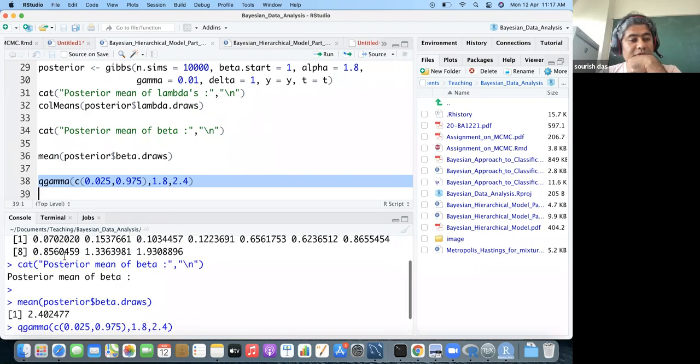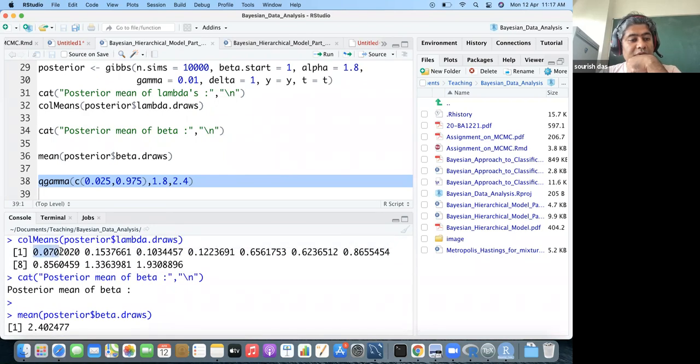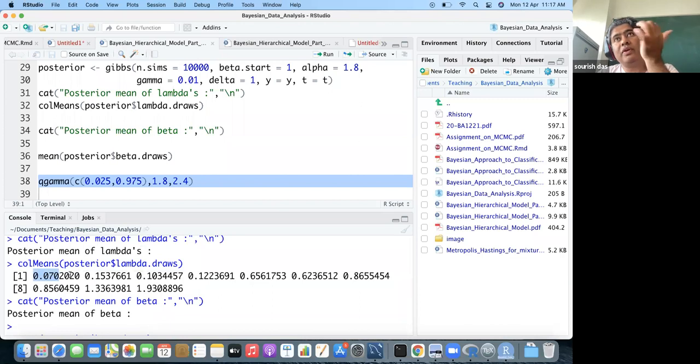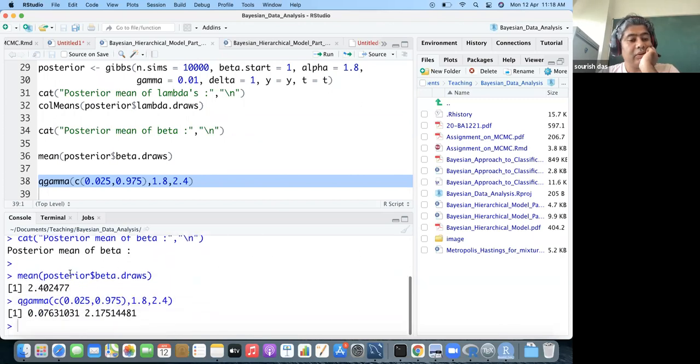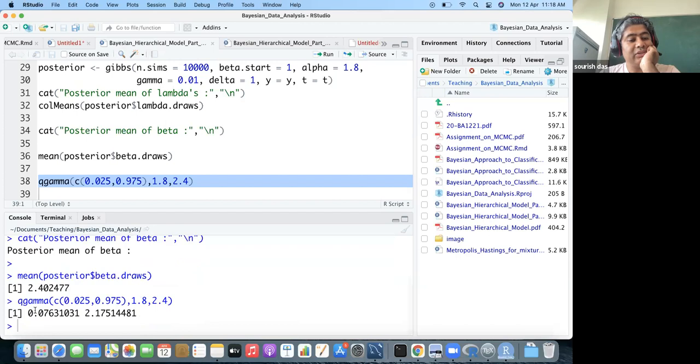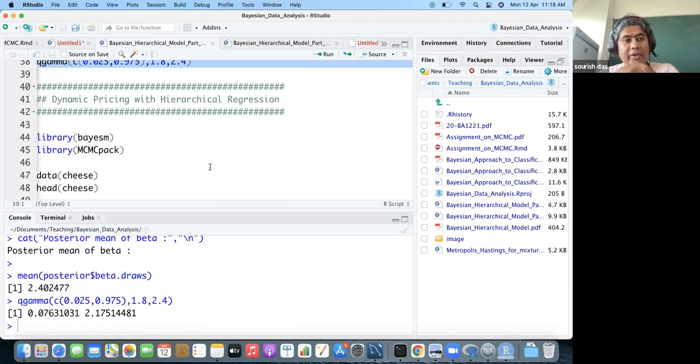And you see the first lambda value is outside the range. So the first pump is sort of an outlier. It is failing too quickly, perhaps, compared to the rest of the pumps, which are somewhat in the range. So you can identify an outlier in this way.